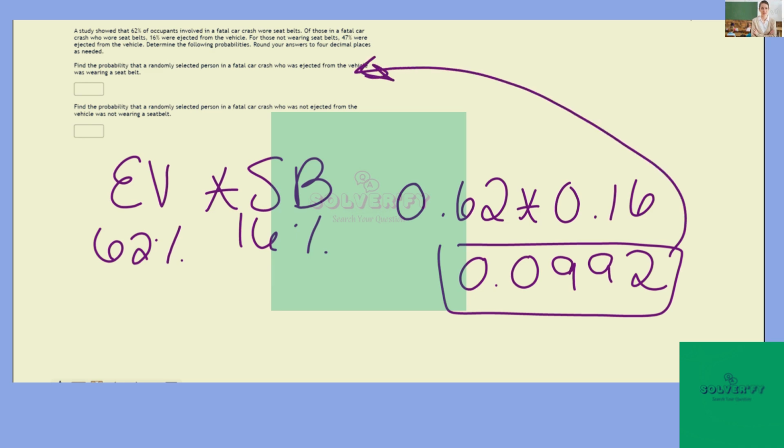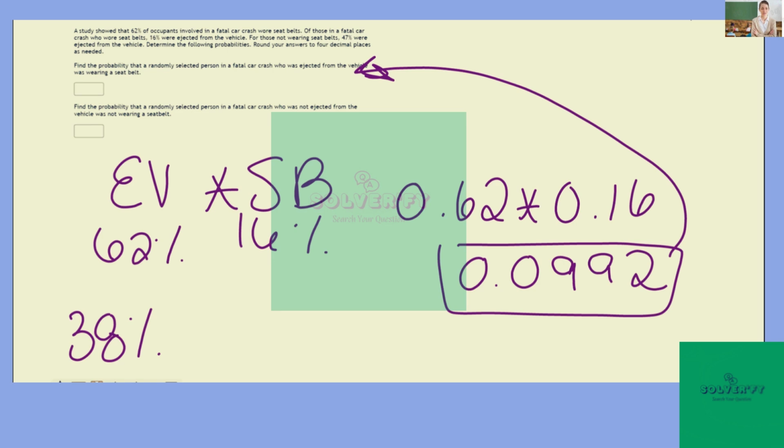Then for the second part, the probability that someone in a fatal car crash who was not ejected from the vehicle was not wearing a seatbelt. We see that 62% were wearing a seatbelt, which means that 38% were not. And then we see 47% were ejected.